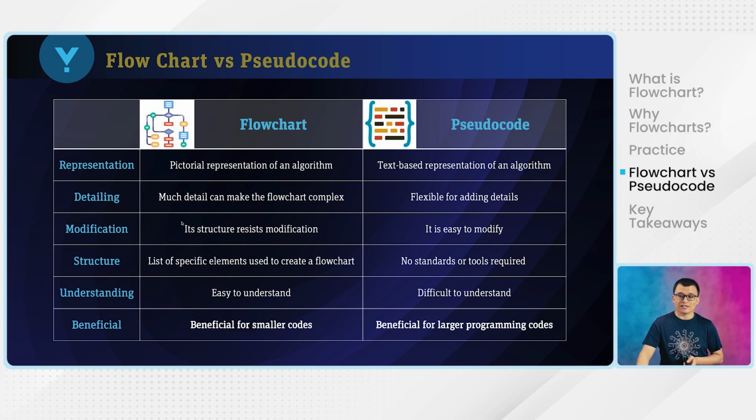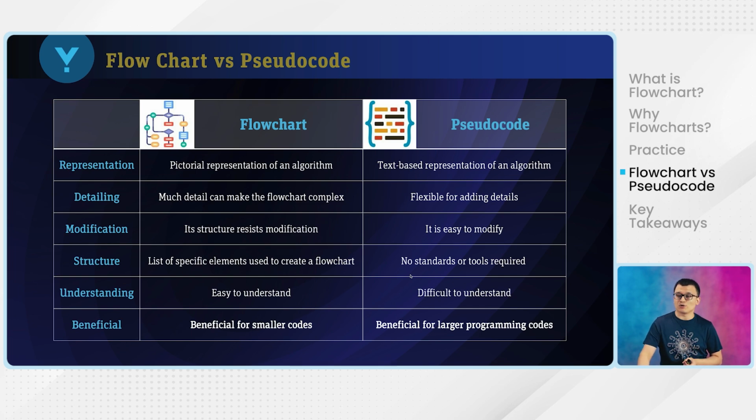Okay, and then the modification. It is hard to modify the flowcharts because its structure resists the modification. But with the pseudocode, it is easier to modify. Okay, and structure. A list of specific elements is used to create the flowcharts, such as those shapes that you saw earlier.